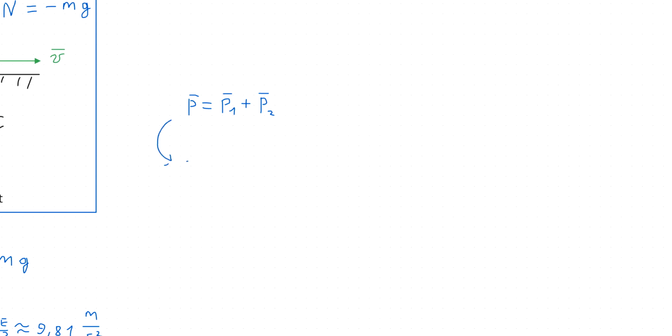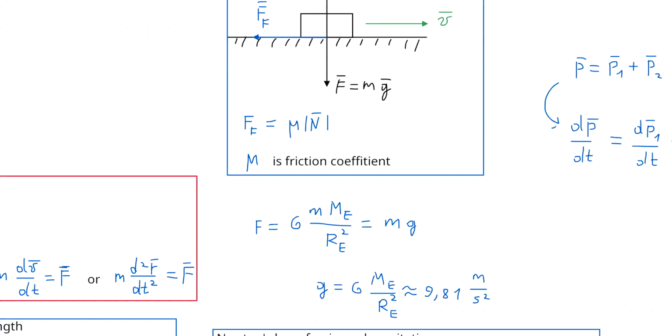So in this case, the derivative of the momentum of the material system is equal to the derivative of the first momentum plus the derivative of the second momentum, and it will be equal to zero, according to Newton's second law of motion.